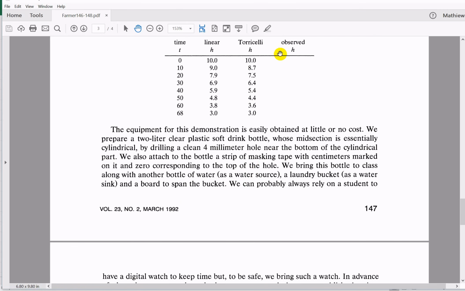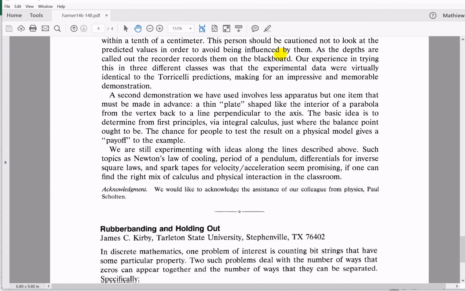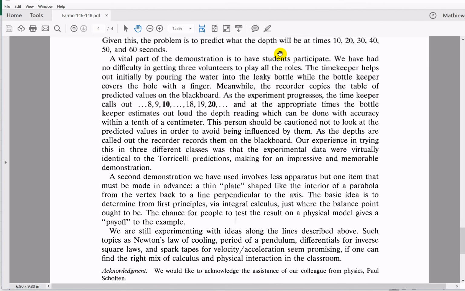The observed data they don't write down here, but they state it over here: our experience in trying this in 3 different classrooms was that experimental data were virtually identical to the Torricelli predictions, or models, making for an impressive and memorable demonstration.